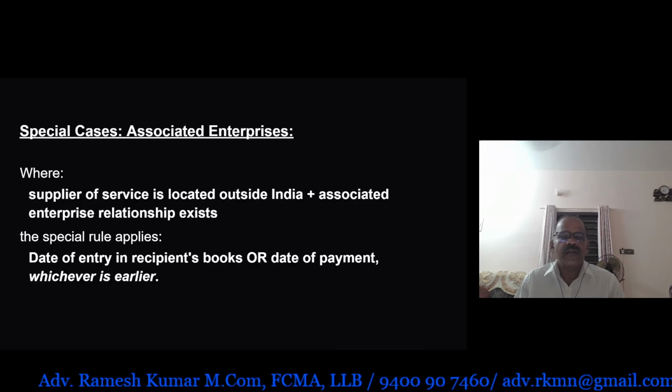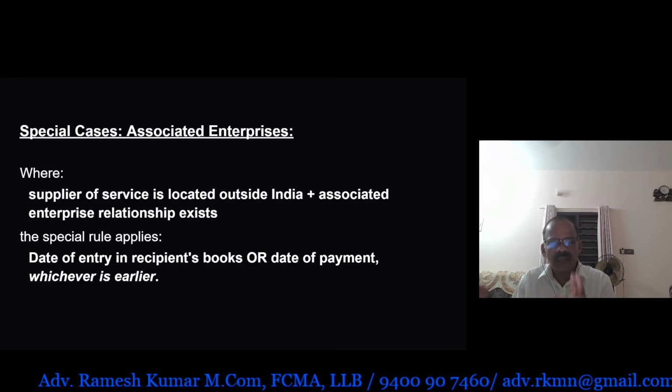This is a special rule and should not be confused with the normal RCM rules. Take one example. Suppose an Indian company receives management services from its associated enterprise located outside India, say Dubai. The Indian company records the service in its books of account on, say, 10th August, but makes the payment on 20th August only. Now compare these two dates.